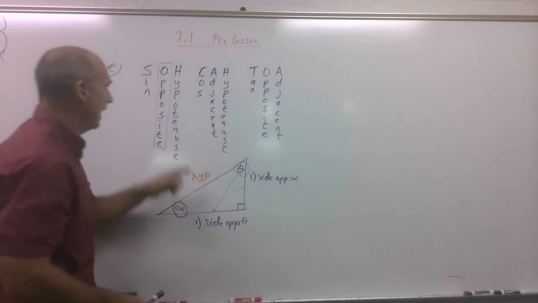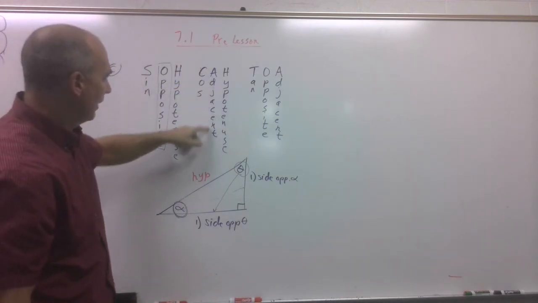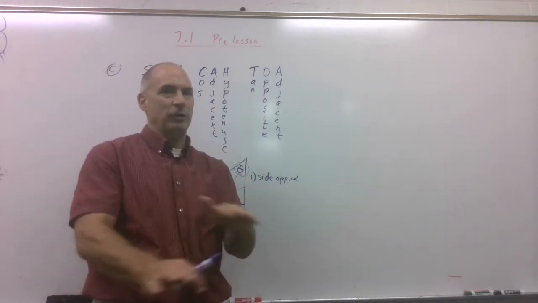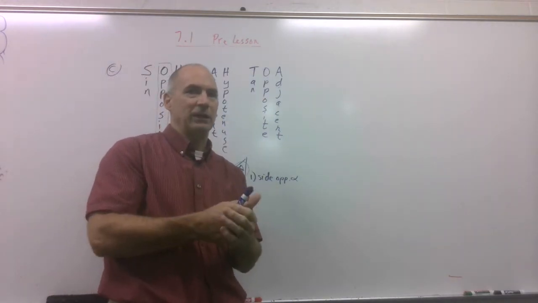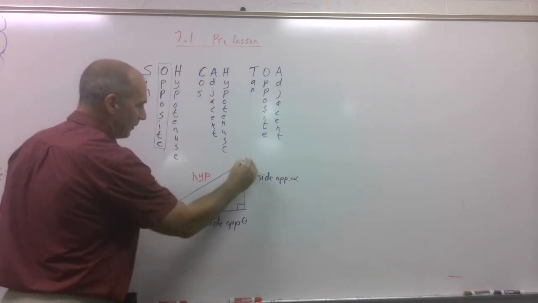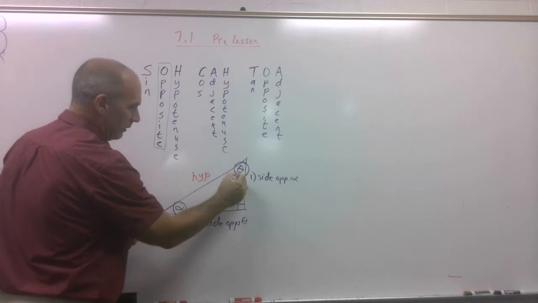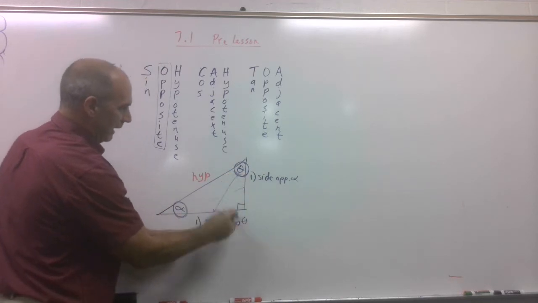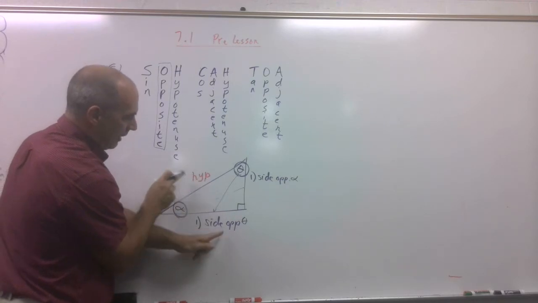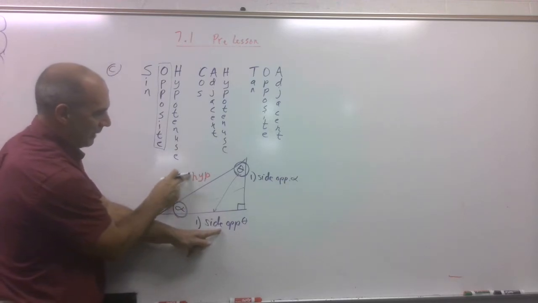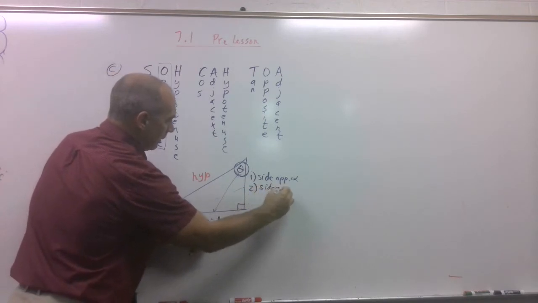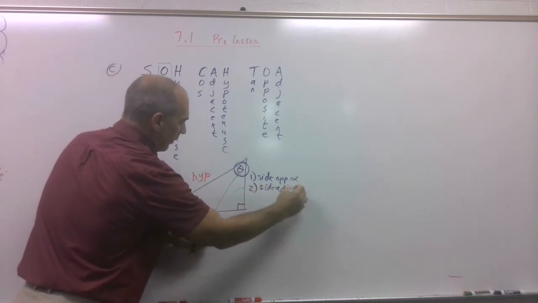Now, there's something else, though. Notice I have not used the word adjacent yet. Now, I don't want to make this difficult. There's a real easy way of thinking of it. If this is my reference angle, theta, this is my opposite, and if this is my hypotenuse, then the third side that I haven't talked about has to be the side adjacent to theta.